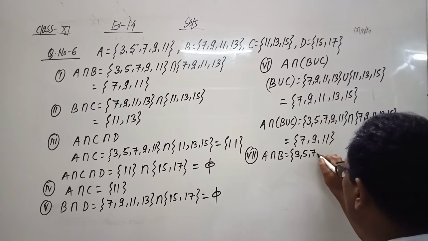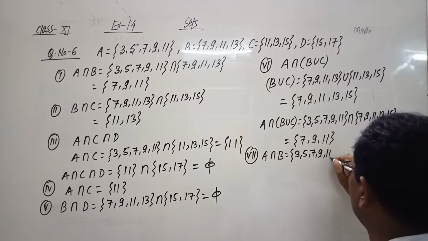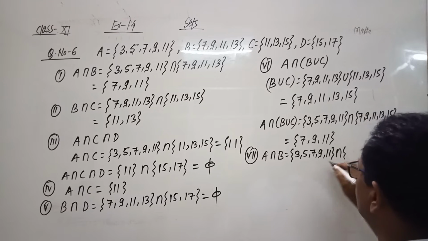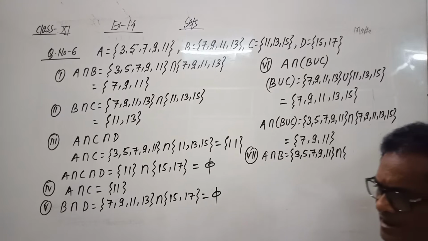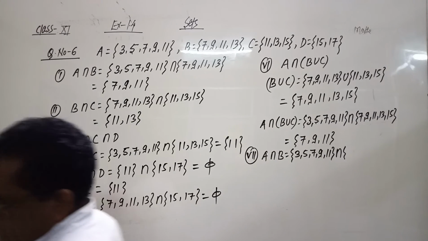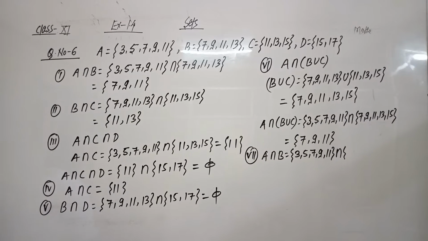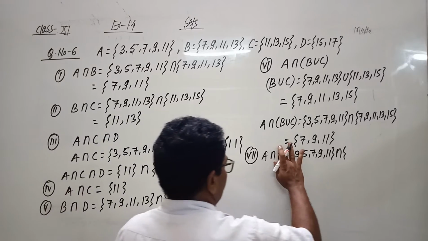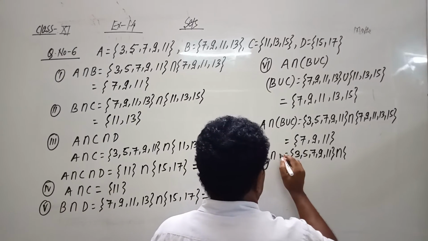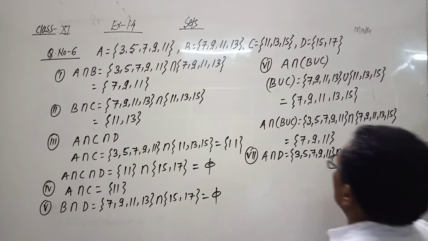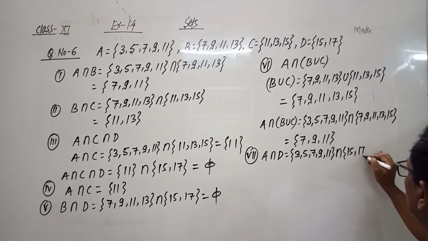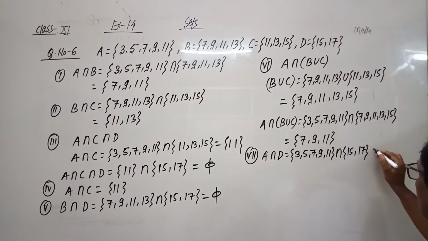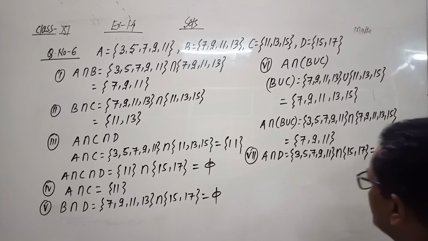It is A intersection D, not B. The value of set D is 15 and 17. So nothing is common. So the result will be the empty set.